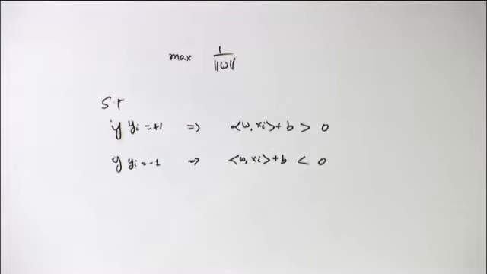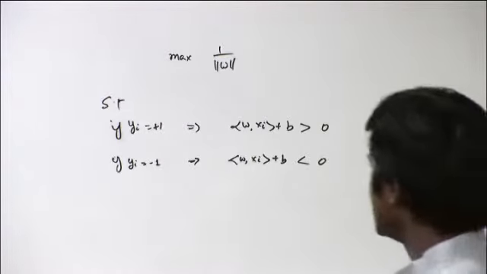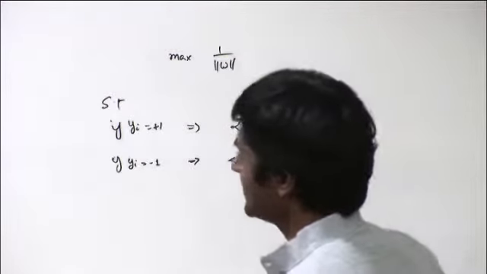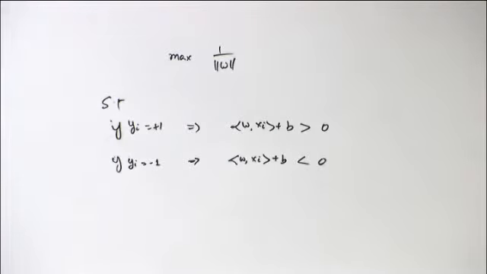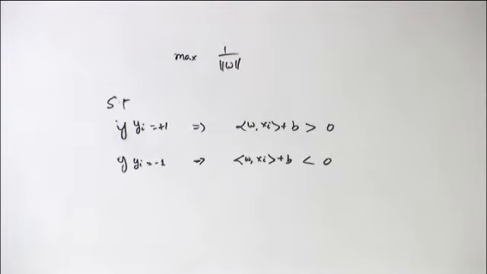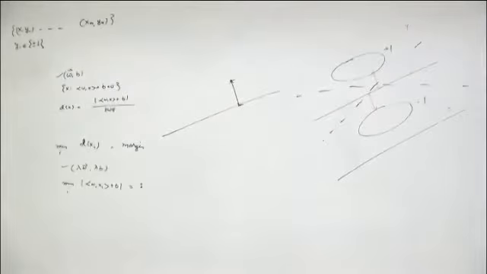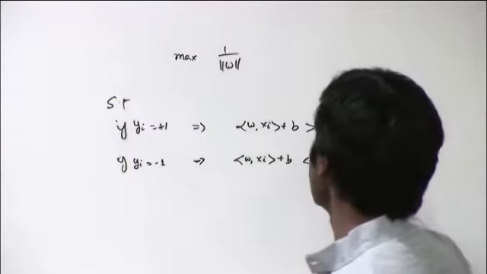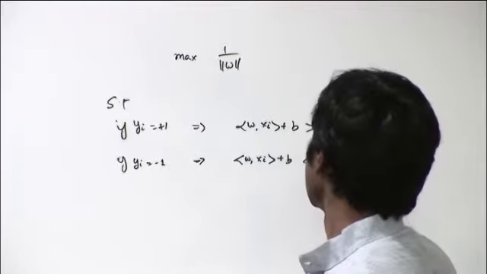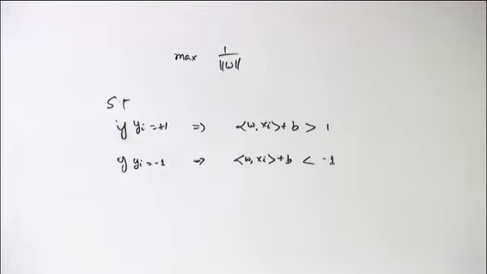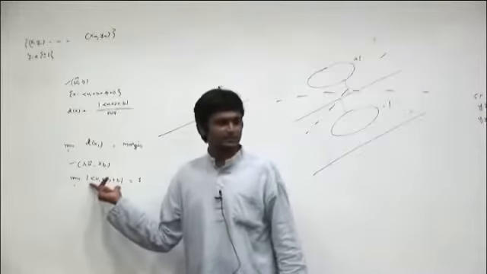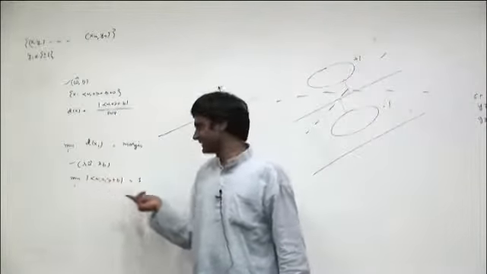Okay, now you know that w dot xi plus b also satisfies this condition. You enforce this condition, so you can in fact require a stronger thing by saying that the absolute value of w dot xi plus b is at least 1.